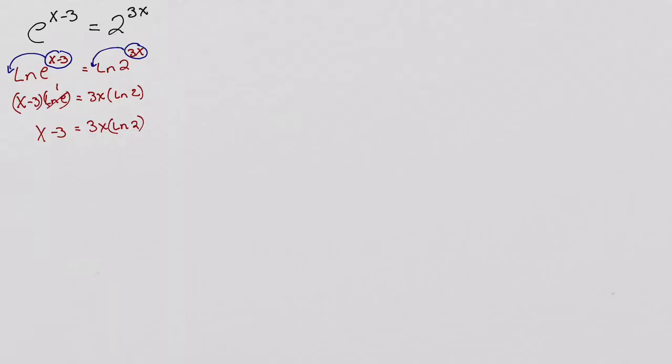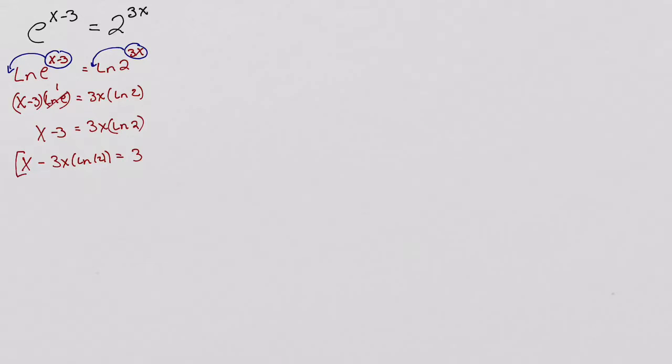Now, I'm going to put all my variables on one side, all my constants on the other. Using just basic algebra, this is positive over here, so I can act like I'm subtracting it. So I'm going to have x minus 3x ln 2 equals, and of course I'll move this constant over here, so I'm adding, it equals 3.